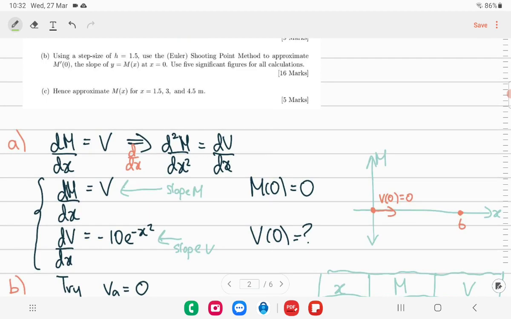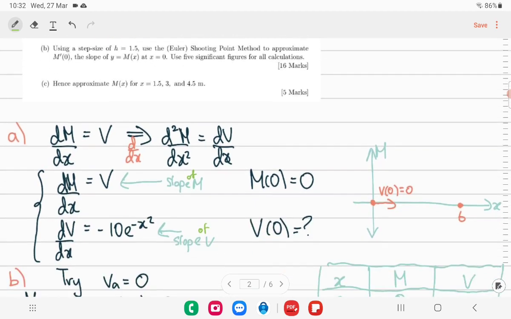And dm dx is the slope of m, and dv dx is the slope of v. And if you have two slopes, you're going to have two Euler methods. The initial m is equal to 0, we have that, and we do not know the initial v. So this is our problem, and we're doing the shooting method.